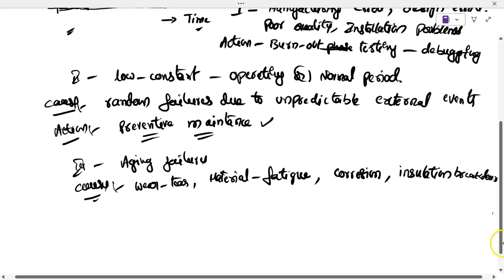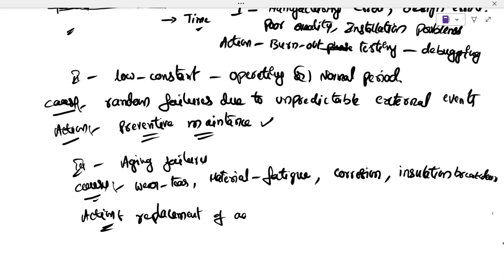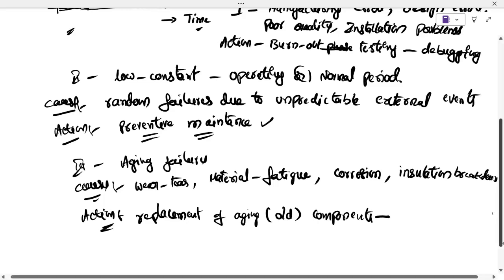To avoid that, action should be taken. That action is replacement of aging or old components before they reach this phase. What happens if old components reach this third phase, the aging failure phase?